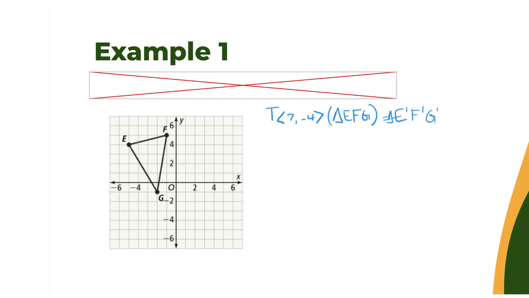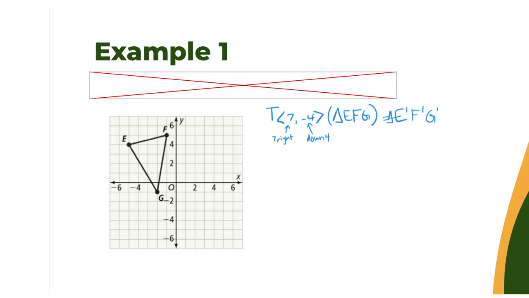So I have these points here. First of all, I'm going to remind myself, this is my x direction. This means 7 right, and this means down 4. So I'm going to take each point.